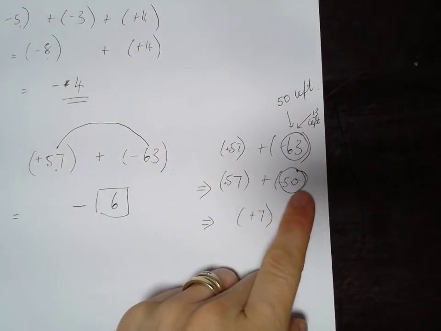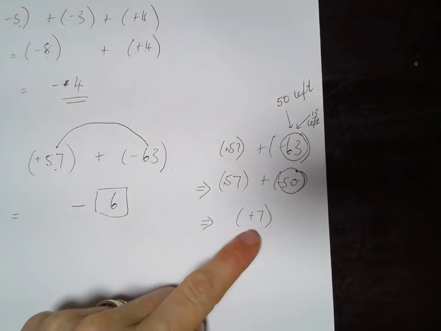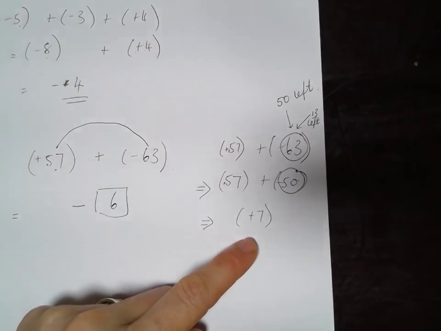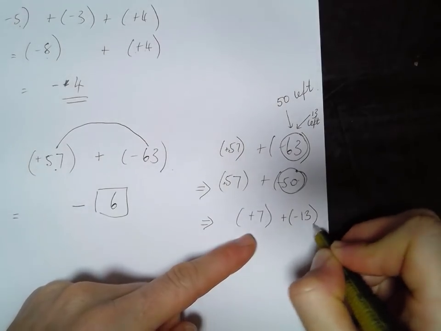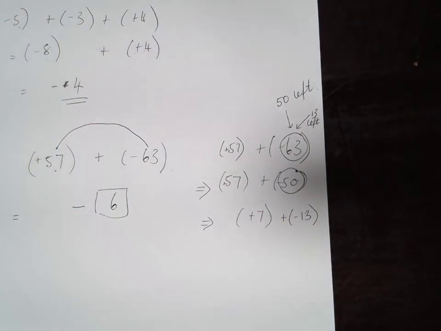We've done 50 places back to start with to get us closer to 0. Now we have to go another 13 places to the left. So this is where we use a similar system. You can use a number line and start at 7 and go 13 places back.